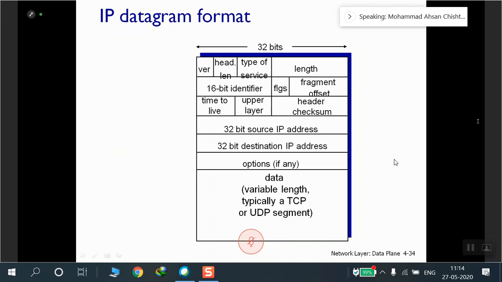Now, since we know that to be connected to a specific network we need an IP address, the IP address is not permanent. It keeps on changing. You move from one network to another network, your IP address changes. For example, you are in the hostel, you check your IP address. We have used commands like ipconfig or ifconfig, and you'll get to know what your IP address is.